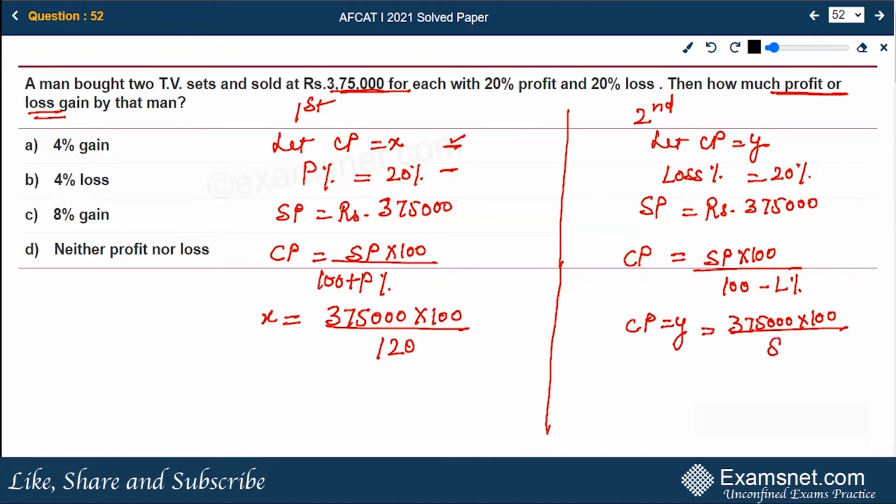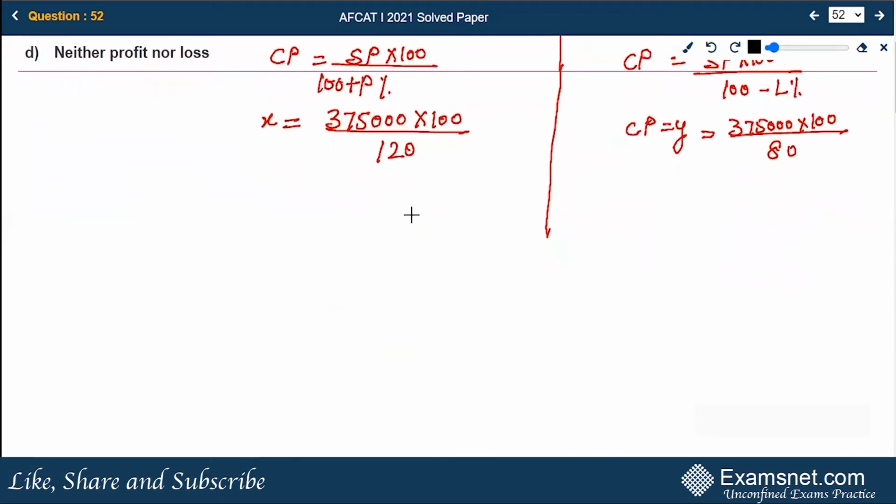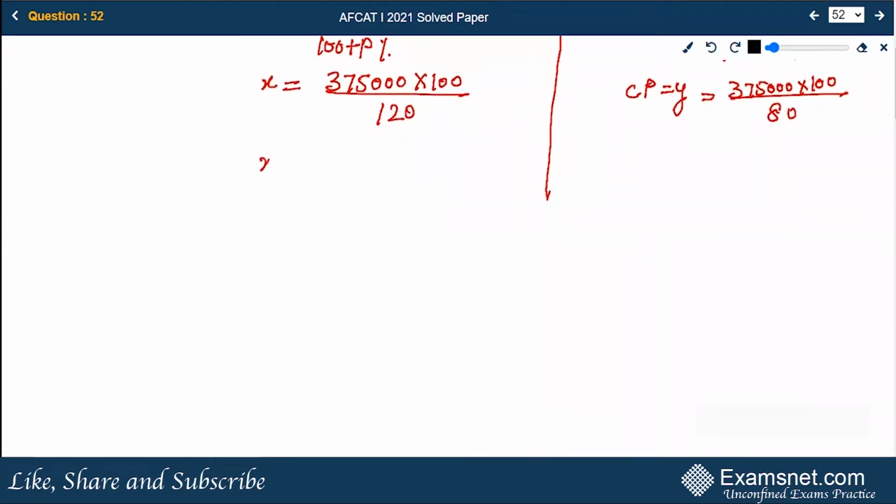So it is 80, right? So let's see what the values of X and Y will come out. You will solve this and you will get the value of X as 3,12,500 rupees.